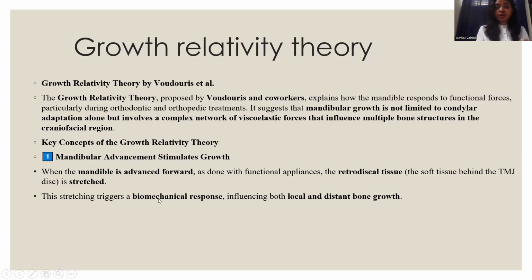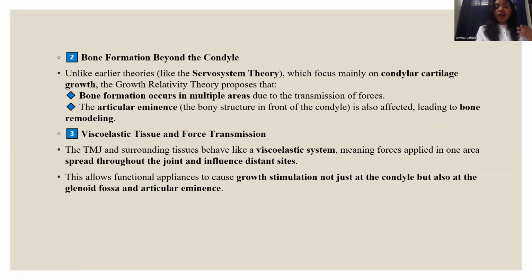The key concept of the growth relativity theory is that mandibular advancement stimulates growth. When the mandible is advanced forward, again there is tension in the retrodiscal region, and this creates a transmission of force. So the growth relativity theory is mainly based on the transmission of force in the viscoelastic system. Unlike the servo system theory, which focuses mainly on the condyle, this theory is a little different.